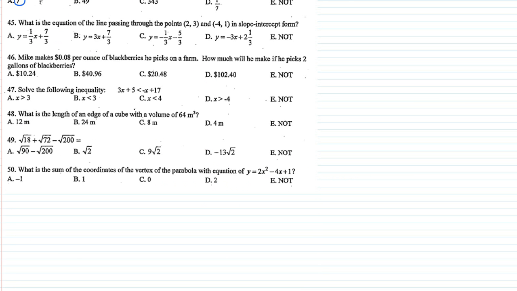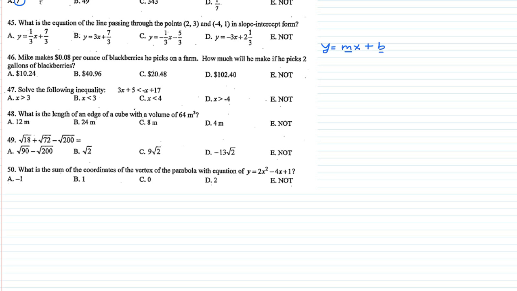Question 45. What is the equation of the line passing through points (2, 3) and (-4, 1) in slope-intercept form? Basically the slope-intercept form is y is equal to mx plus b, where m is the slope of the line and b is the y-intercept.